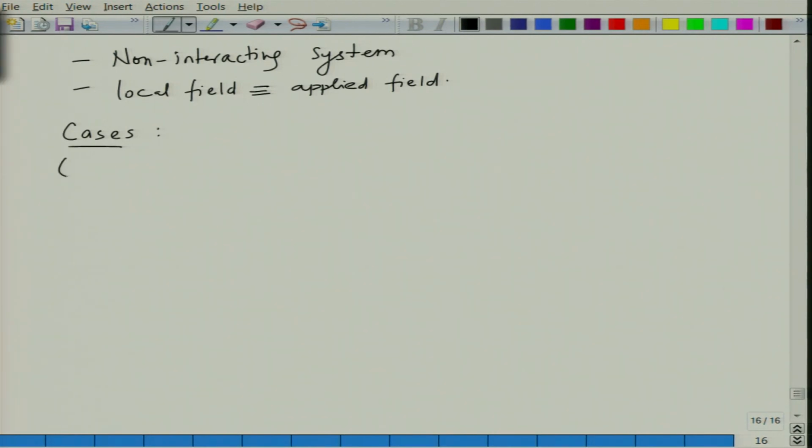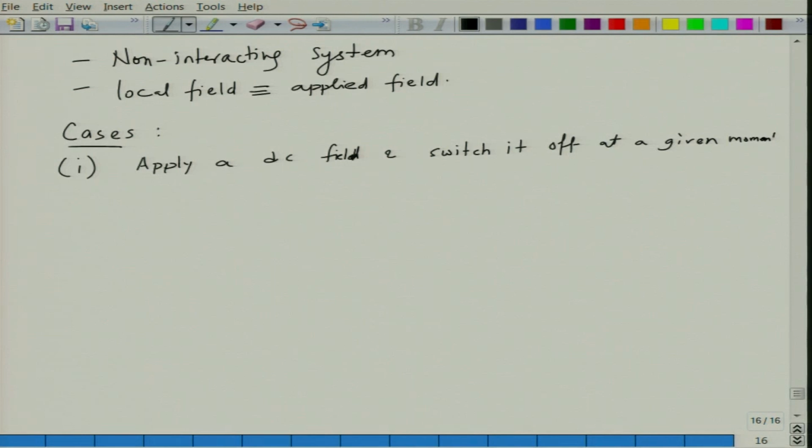Now you consider two cases. The first case is you apply a DC field and then switch it off at a given moment. What will happen when you switch off the DC electric field? The restoring forces will pull the charges back to equilibrium.